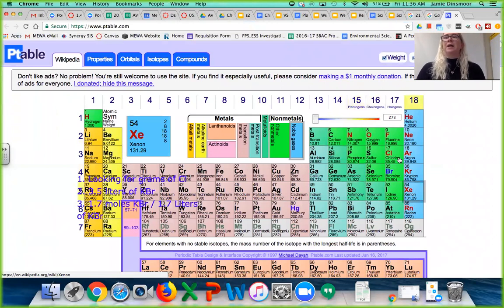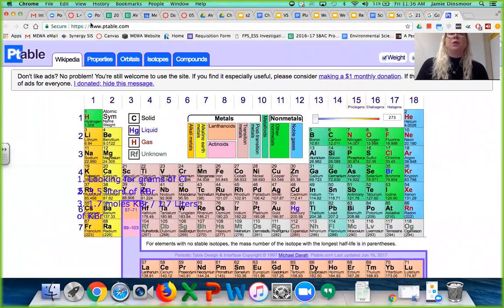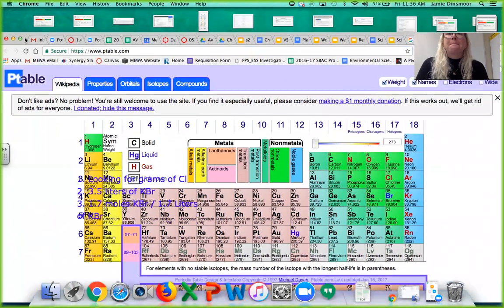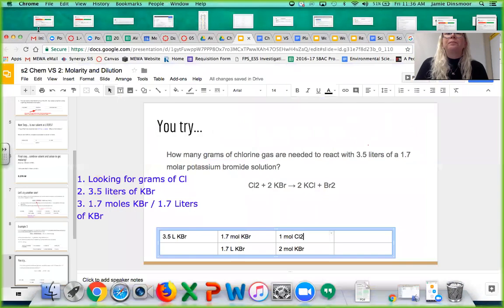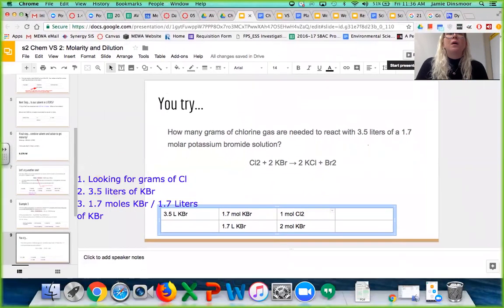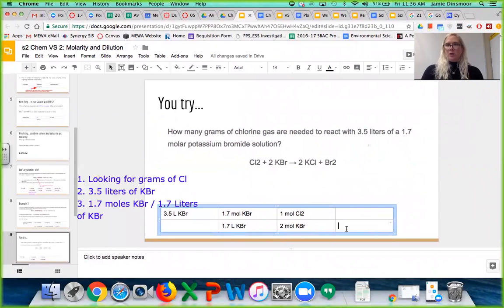We're going to times that by 2 because chlorine gas is 2 atoms of chlorine put together. So we know then that our molar mass of chlorine gas is 70.9 grams per 1 mole of Cl2.